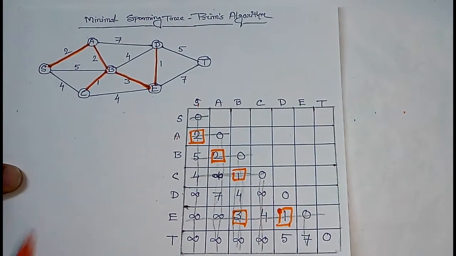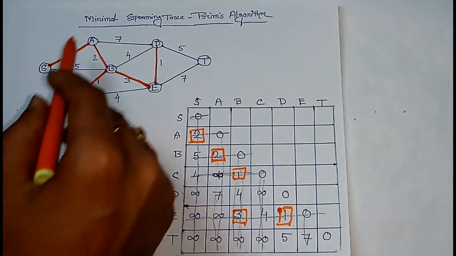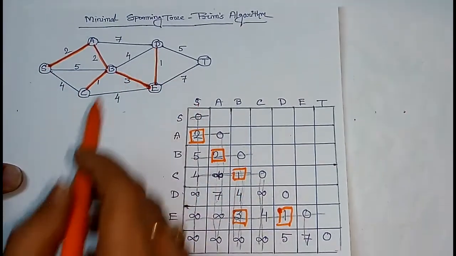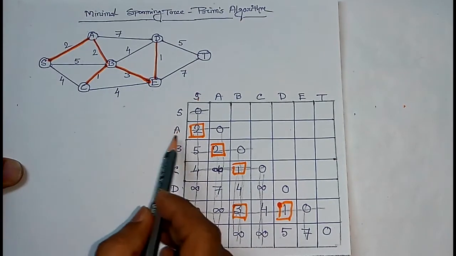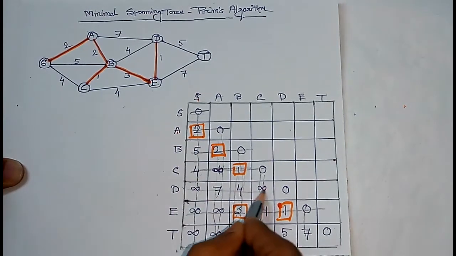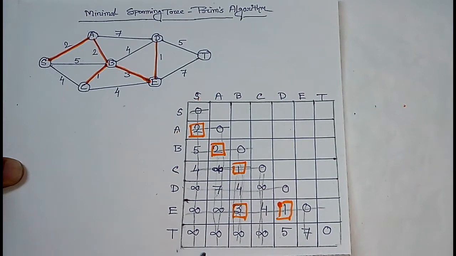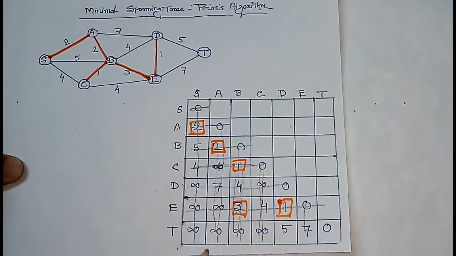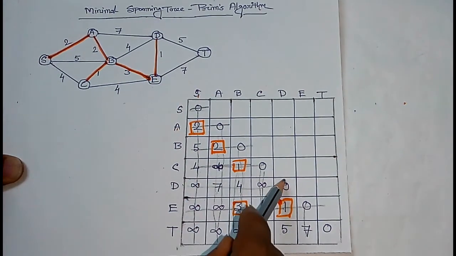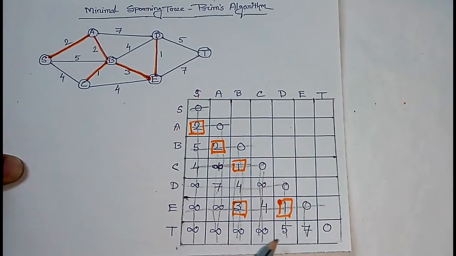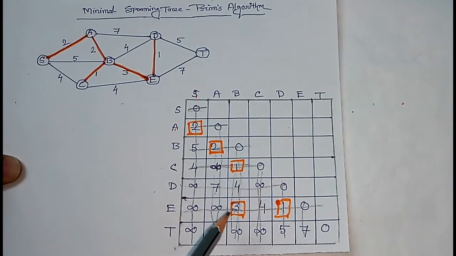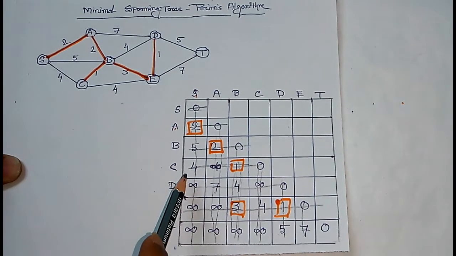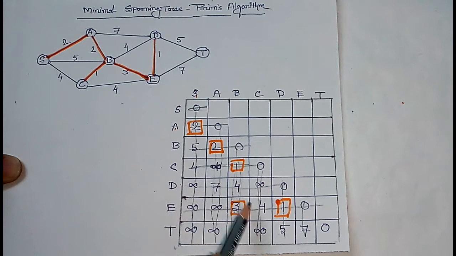So in the next step, we have to consider these 6 vertices S, A, B, C, E and D. That means we have to consider the 6 rows S, A, B, C, D and E, and also 6 columns S, A, B, C, D and E. From where we find that the next minimum element is 4, which appears in 3 places.